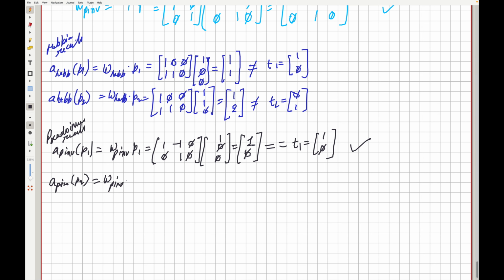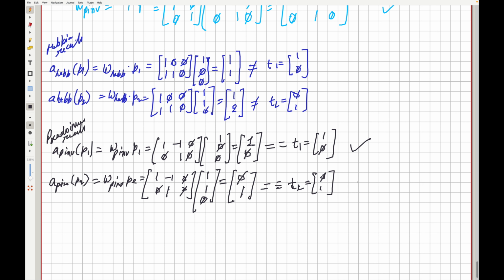We dot the P inverse weight matrix for the pseudo inverse with P2, and this is going to be the same matrix right here, and we change the input to P2, and when we do the dot product and multiply these, 1 times 1 is 1, and 1 minus 1 times 1 is minus 1, that cancels out, we get a 0, again here 0 1 and 0, so this becomes 1, and again you can see that using the pseudo inverse matrix, when we calculate the output target, we get a perfect recall, a perfect match with the T1 and T2.